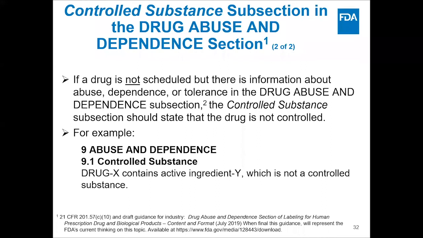But because we have it in this section, we want to be very clear that the drug is not a controlled substance. So this would be the construct we recommend in the abuse and dependence section of labeling, section 9.